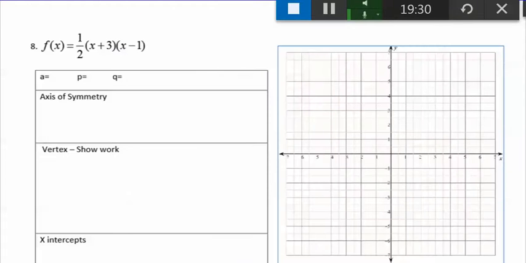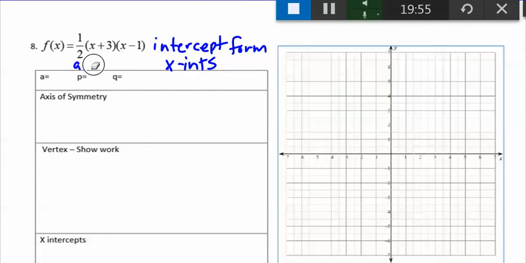Okay, here's problem 8. In problem 8, we are using intercept form. And it's called intercept form because p and q are the x-intercepts. So the formula is a times (x minus p) times (x minus q), and p and q are the x-intercepts.